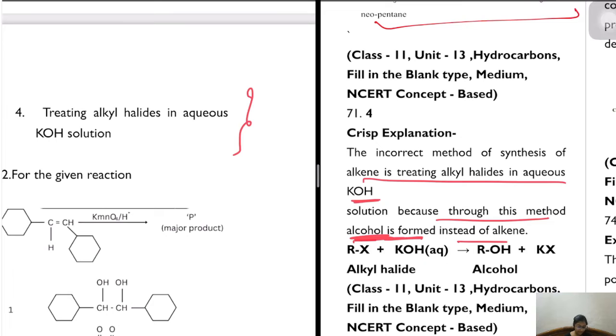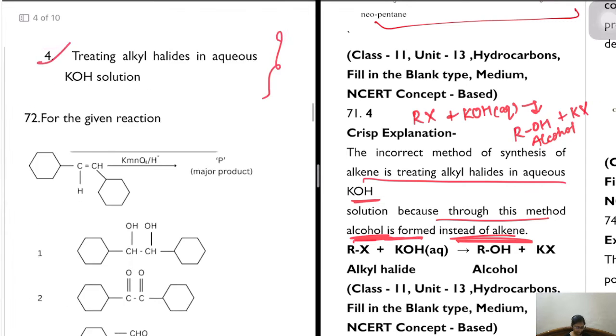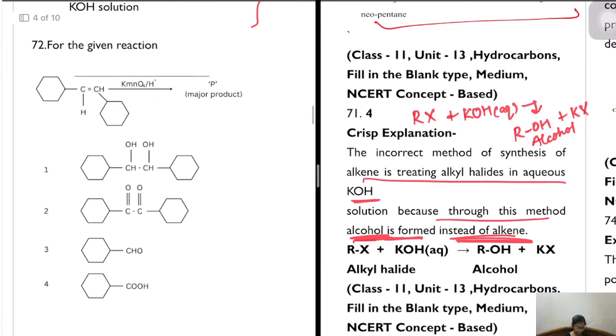Instead of alkene, we get alcohol. This is the reaction: RX plus aqueous KOH will give you ROH, this is alcohol. So this would be the answer. Let's see the next question.